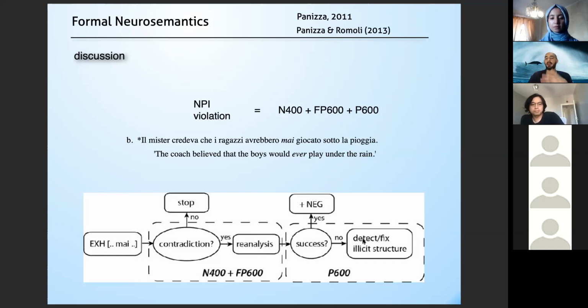So the last resort is just to break down your sentence and give up and say, okay, this is not right. My speaker is really saying something that is completely out. I have to correct it, okay? And then you get the P600, just as you said, the child throw the toys, okay?